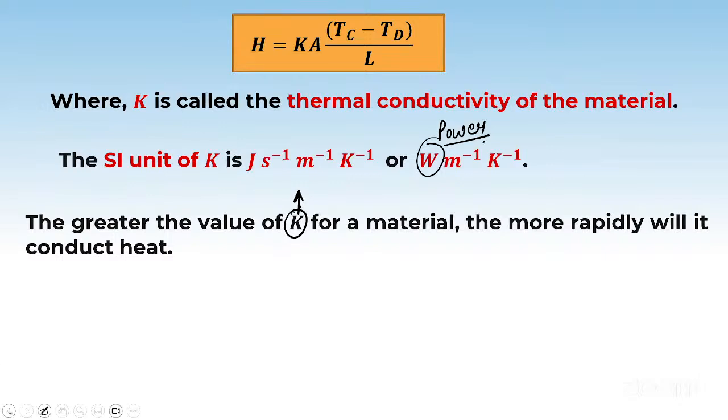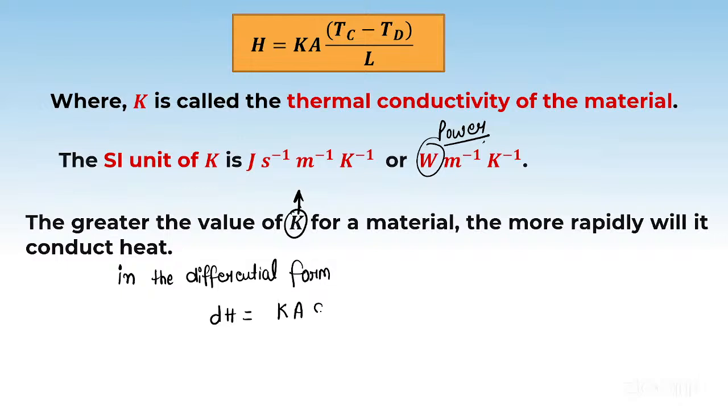ठीक है. Now if you talk about it in the differential form, or when you say when the area is not constant or length is not constant, in that case heat transfer will be given by dH is equals to k A dT by dx.